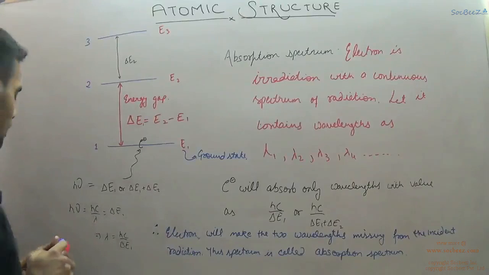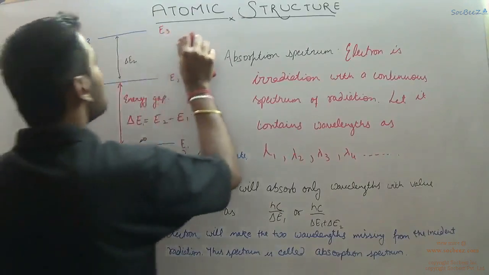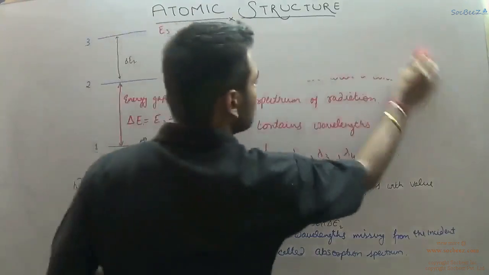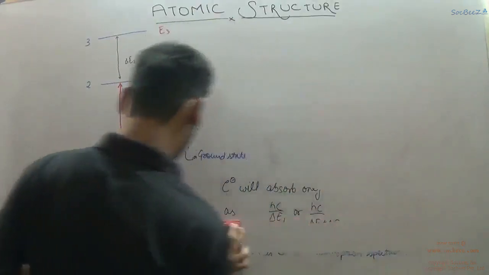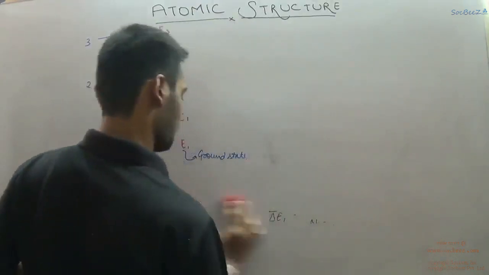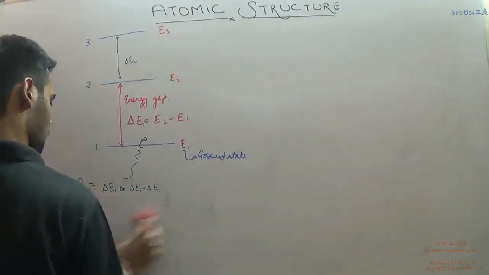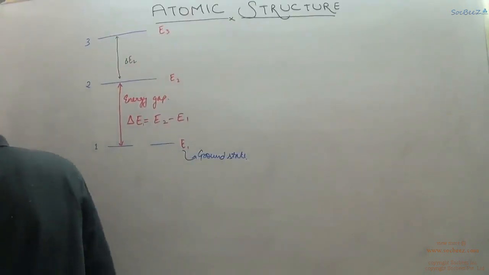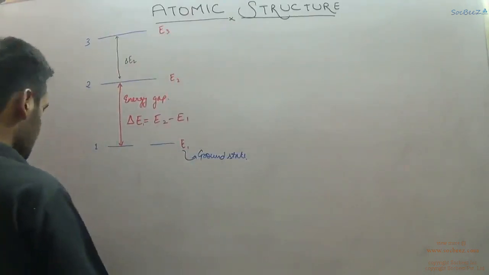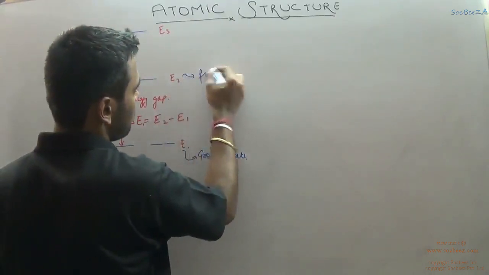Now, another type of spectrum is emission spectrum. This is the ground state, and this energy level is the first excited state.